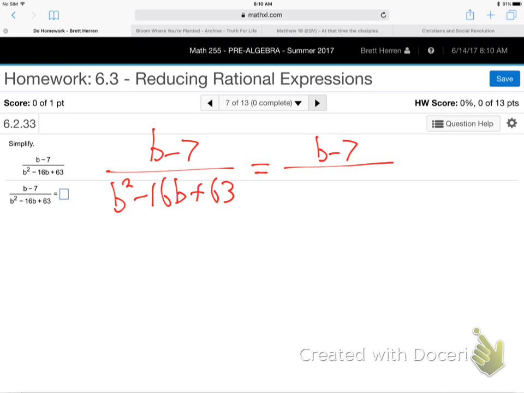So factor that bottom, 2 parentheses. B is in the front. And you're looking for two things that multiply to be 63, add to be minus 16.